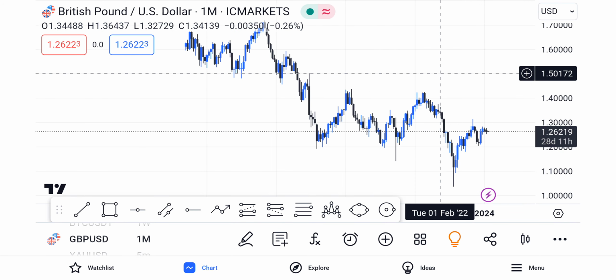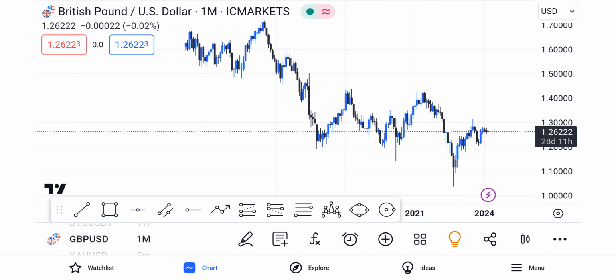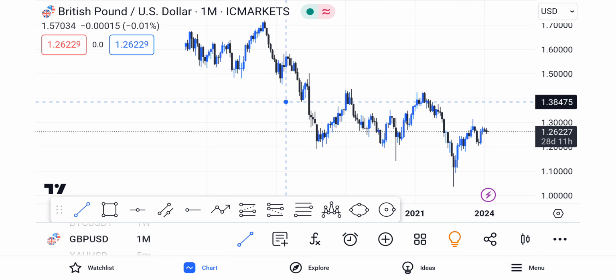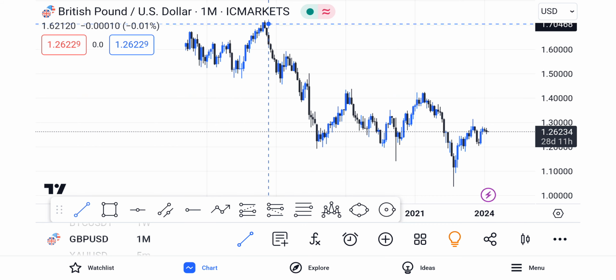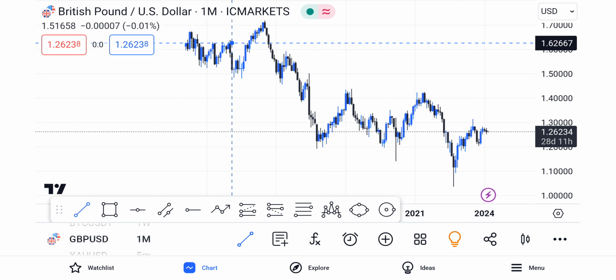So if the market is moving to the downside, then it continues to form lower lows and lower highs. So we are going to connect our trend line from here. And one thing you should remember is that when drawing out your trend lines, you should look for the origin of the trend. Look for the origin of the trend.